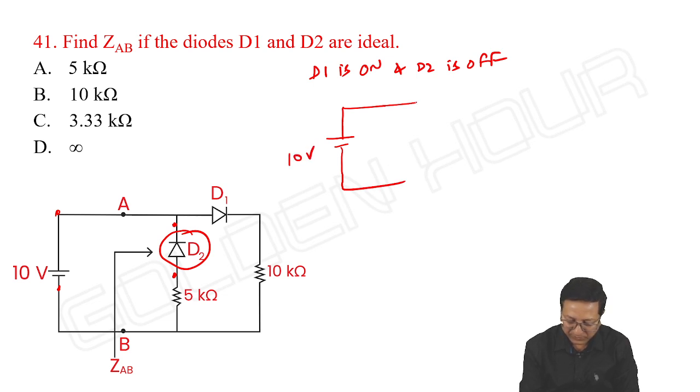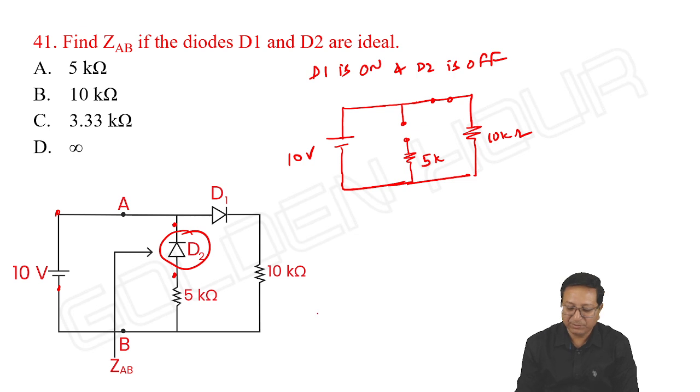10 volts. D2 is open. Even I need not show that. Okay, 5K and D1 acts as short circuit. 10 kilo. I can even remove this 5K. It doesn't play any role.